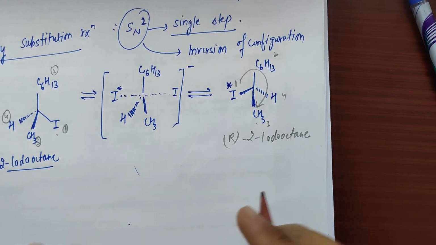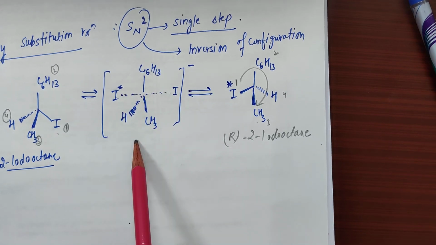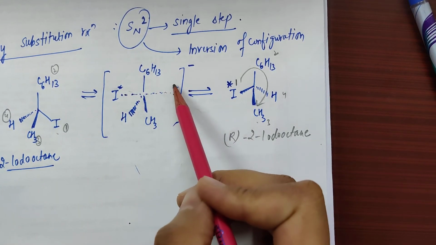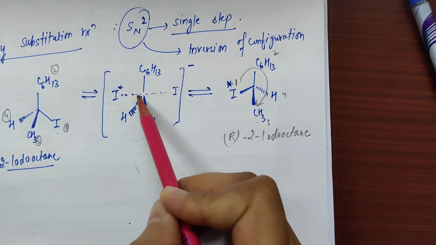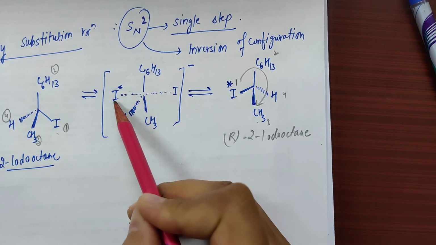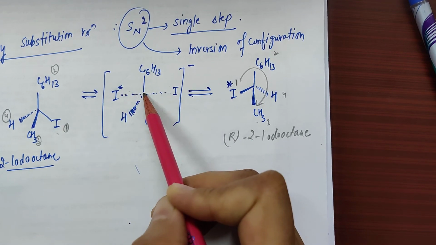So what is happening here? When this intermediate state is there, there is a possibility that this bond breaks and this bond forms, but there is equal possibility that this bond breaks back and this bond forms again.